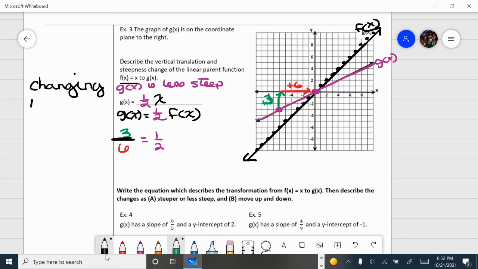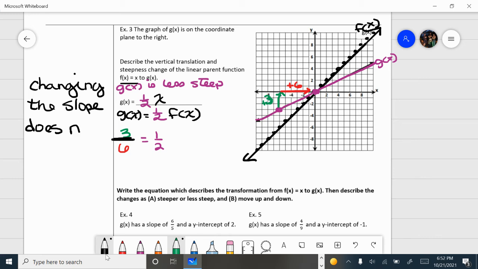Changing the slope does not affect the y-intercept. And in the previous video where we were changing the y-intercept, we saw that changing the y-intercept does not affect the slope.